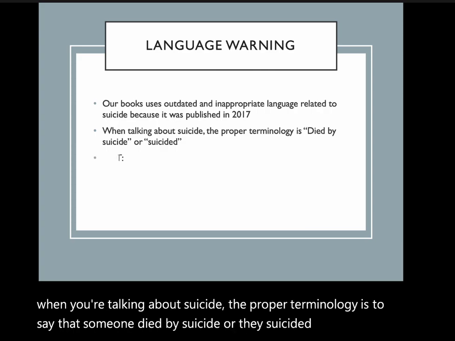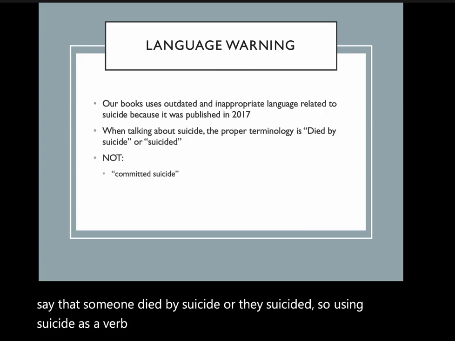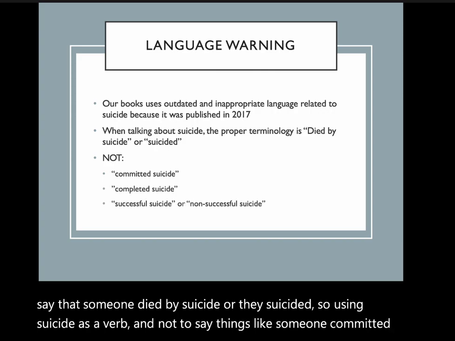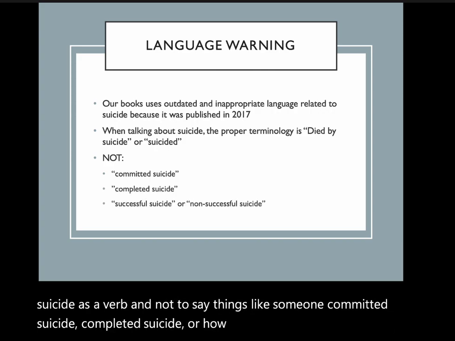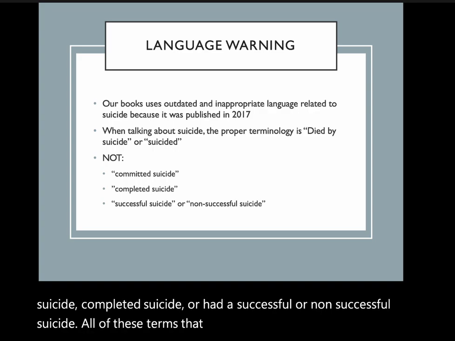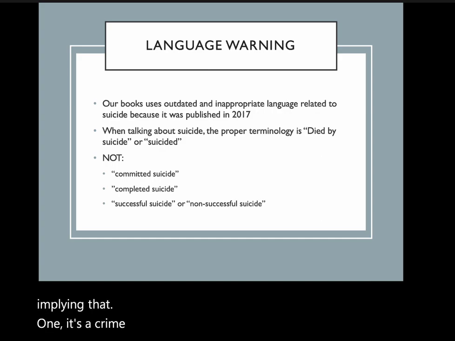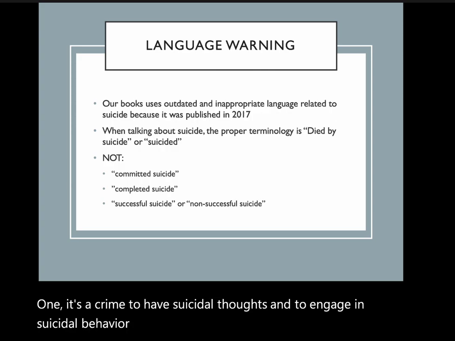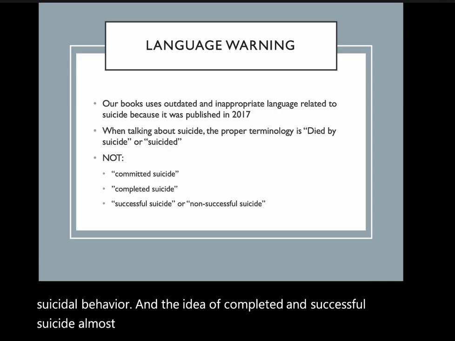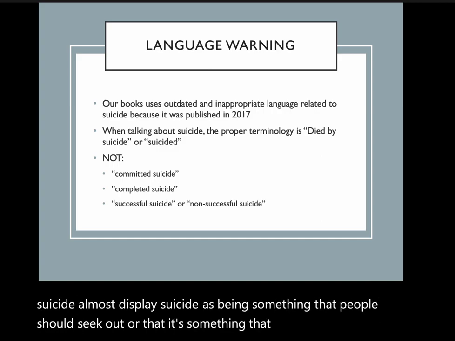So using suicide as a verb and not to say things like someone committed suicide, completed suicide, or had a successful or non-successful suicide. All of these terms that are in the not category are implying that one, it's a crime to have suicidal thoughts and to engage in suicidal behavior. And the idea of completed and successful suicide almost displays suicide as being something that people should seek out or that it's something that is like a goal to achieve.